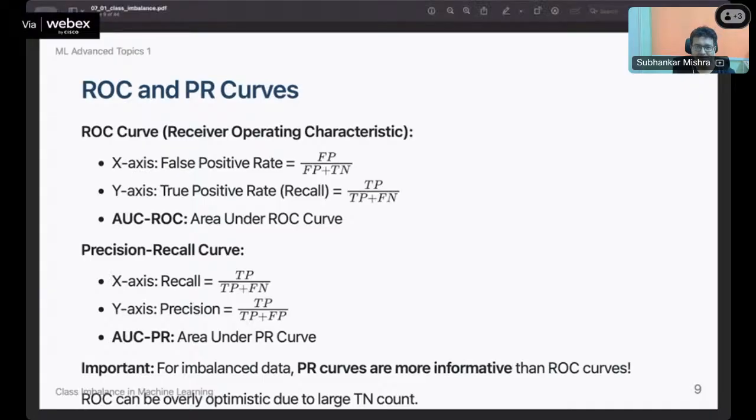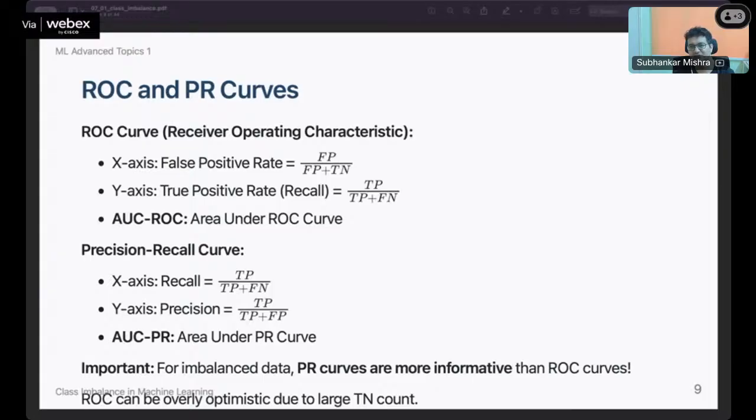But there is an issue with the ROC for imbalance. Not a minor issue, but majorly it can be a little bit more optimistic than we require. The reason is that the false positive rate uses true negatives in the denominator, right?